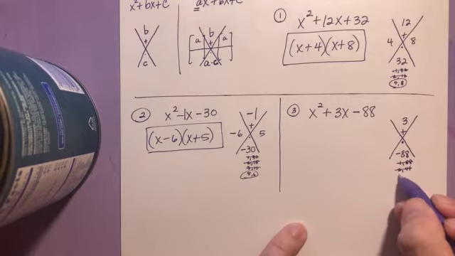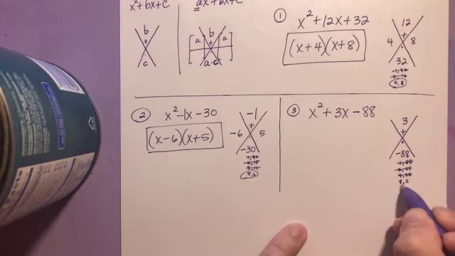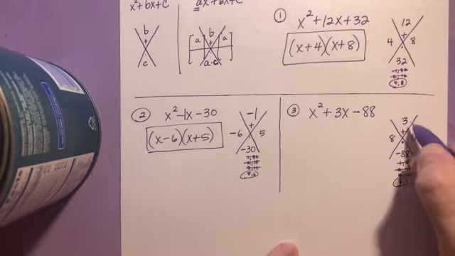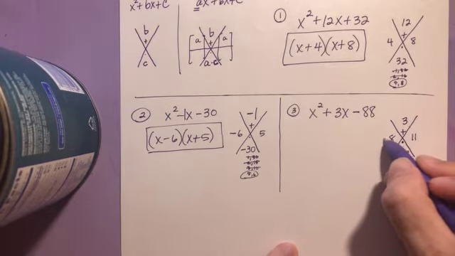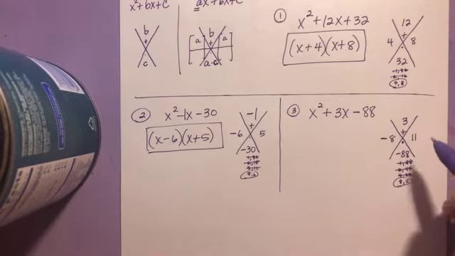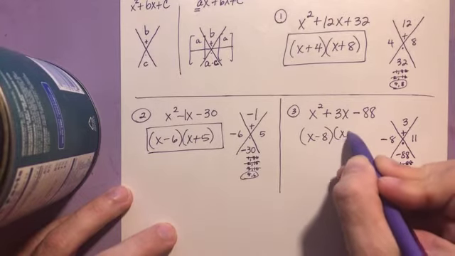What about 4? 4 and 22, that gives me 18. Nope. Let's see, 5, no. 6, no. 7, no. 8 and 11, ooh, there they are. So 8 and 11, but the larger number has to match, so that means the smaller number is negative. Right? So the answer is x minus 8, x plus 11.